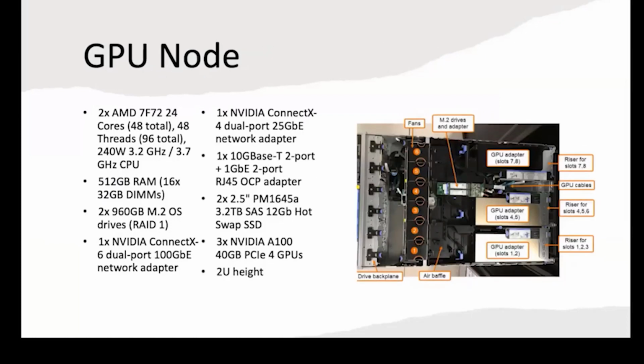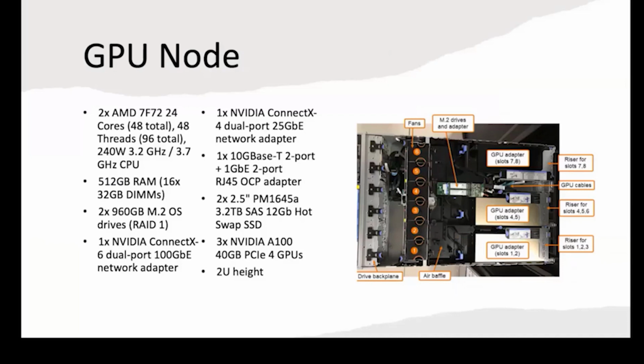Like the compute storage server, the GPU node is a 2-socket server with 2 AMD processors in it. For the GPU node, these processors have 24 physical cores, 48 threads, which in total gives 48 physical cores and 96 threads.